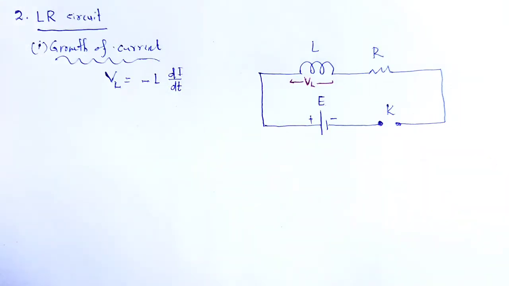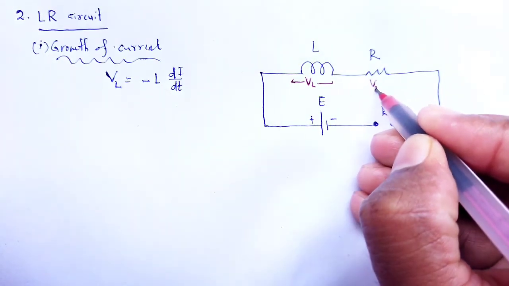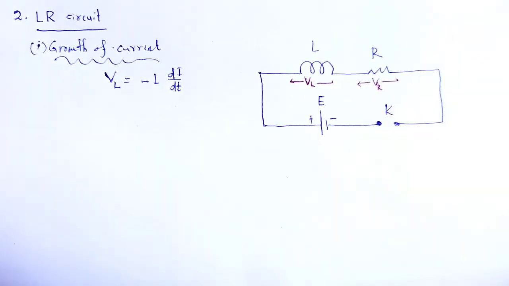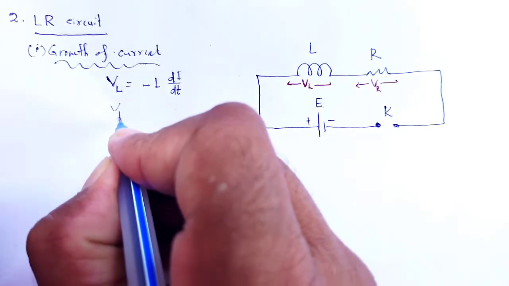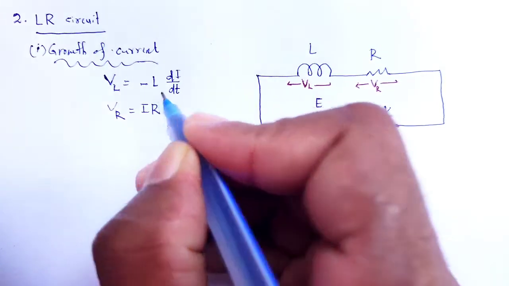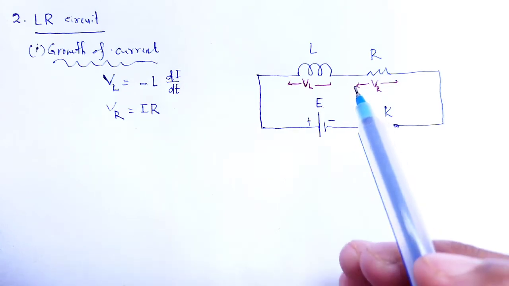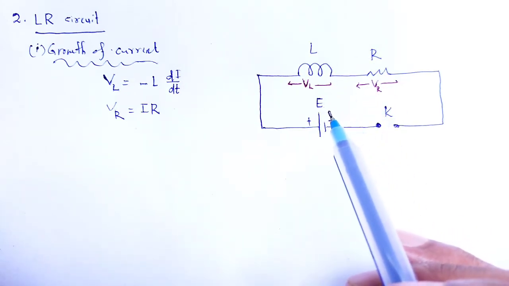Now, the potential drop V R across the resistor having resistance R. So, V R is equal to I into R. We can use Kirchhoff's second law with the proper sign convention.